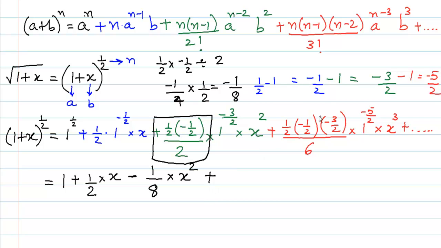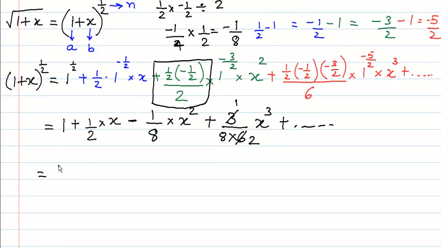Plus: minus and minus is plus, so I've already put a plus. 1 1s is 1, 1 3s is 3, 2 2s is 4, 4 2s is 8, multiplied by the 6 in the denominator. 1 raised to anything is the same thing, we'll ignore that, x cubed, plus and so on.